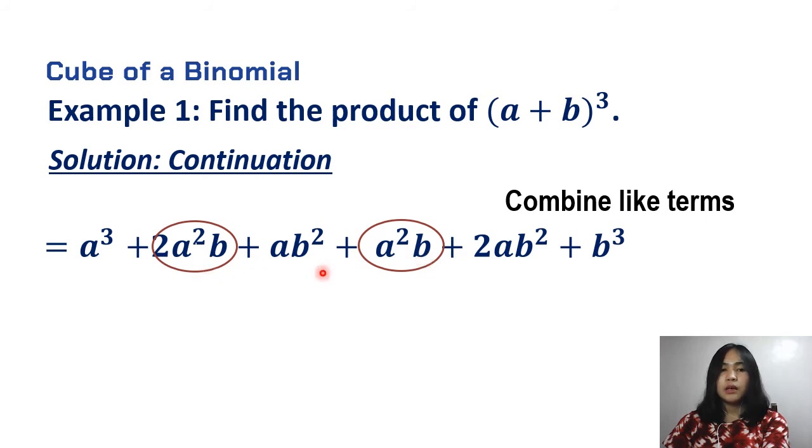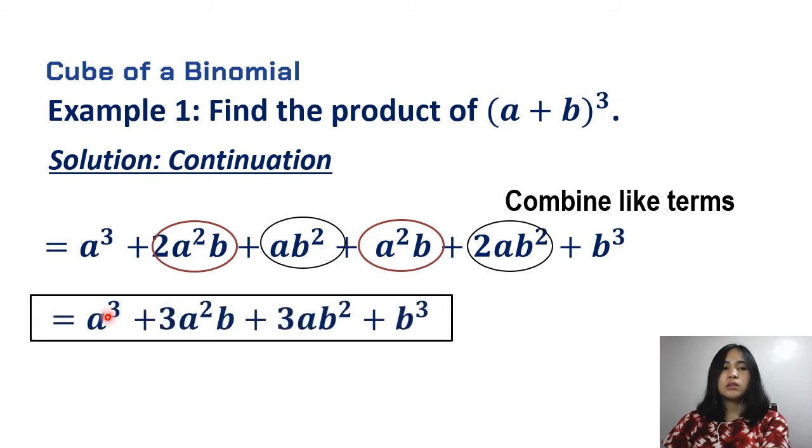And now we have also ab squared and 2ab squared. So, next is we have to add these terms. So, 2a squared b plus a squared b becomes 3a squared b. And ab squared plus 2ab squared becomes 3ab squared. And copy si b cubed ug si a cubed. So, this is our final answer.